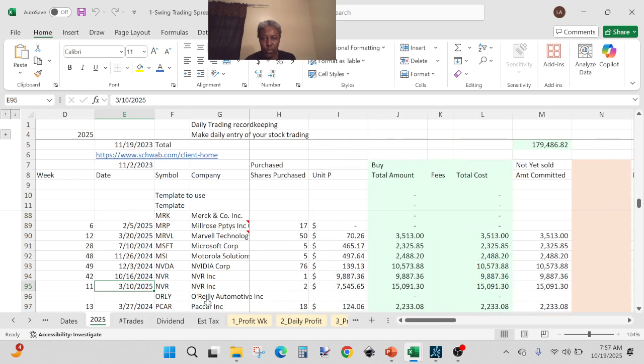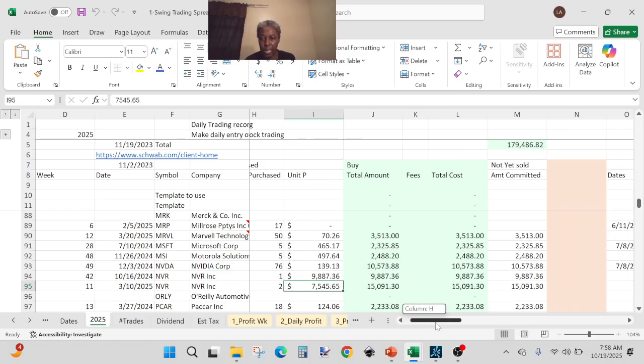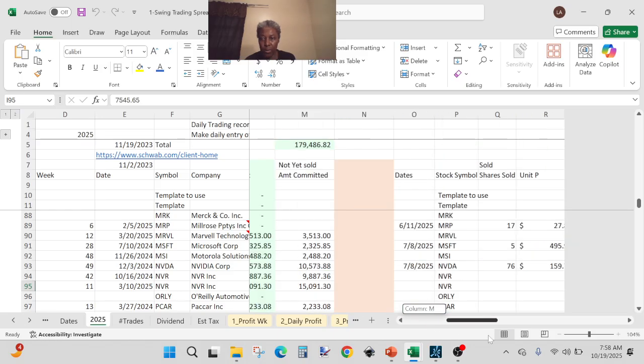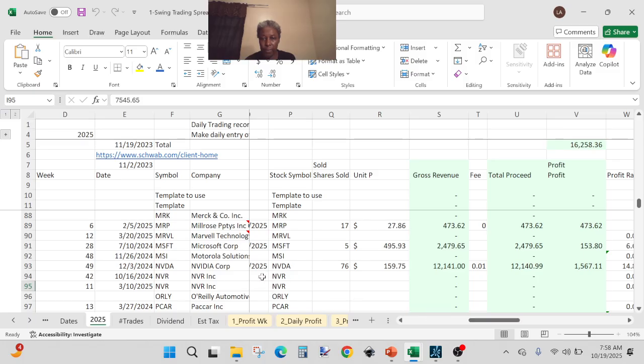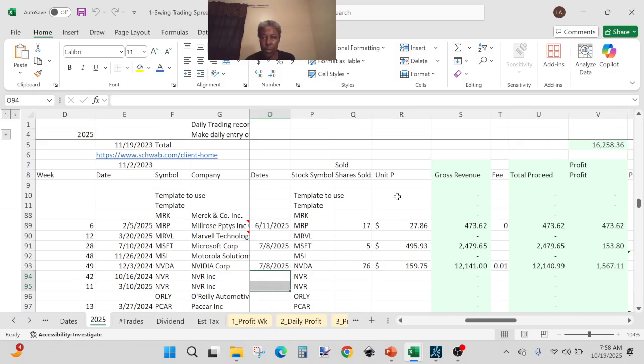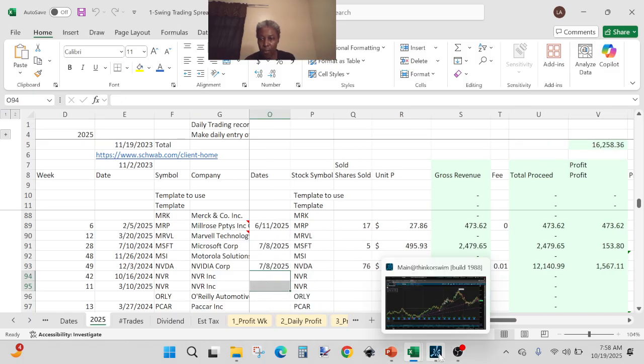So in 2024 we purchased only one for 9,800, and then in 2025 we purchased 2 for 7,500 a share, and we have not sold any of those yet. So you can see we still have the date side blank for the sold section of it.